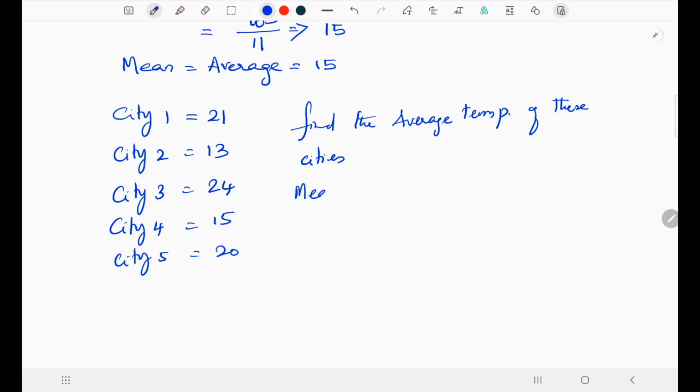So what is the average? The mean, or we can say average, equals the sum of numbers 21 plus 13 plus 24 plus 15 plus 20 divided by the total numbers, 5 numbers. 21 plus 13 plus 24 is 58, plus 15 is 73, plus 20 is 93.